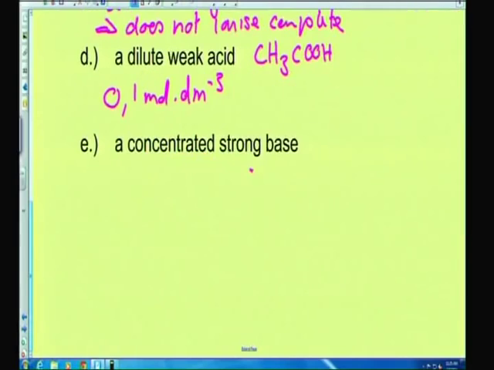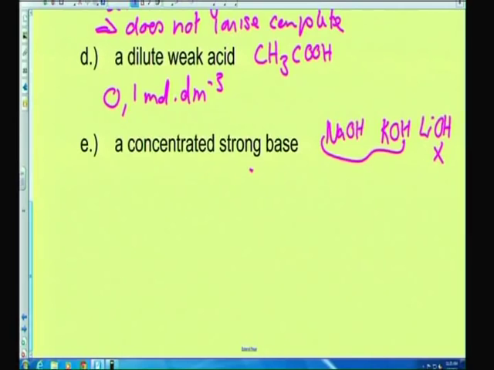Now, the next one, we're going to talk about the base. Concentrated strong base. Well, your strong bases are sodium hydroxide, potassium hydroxide, and to a certain extent you could say lithium hydroxide. These two are the ones that we would prefer. That one is not so common.